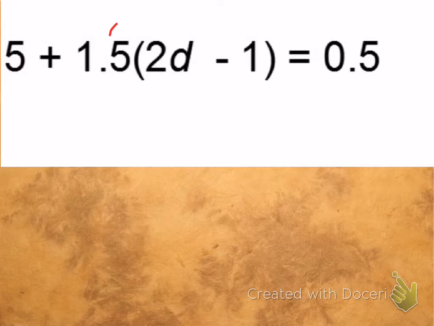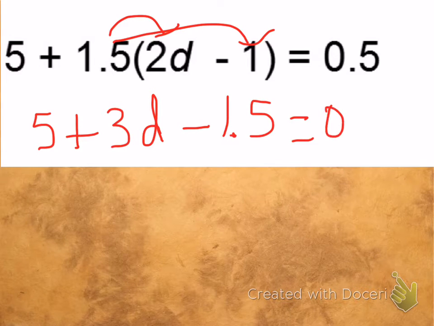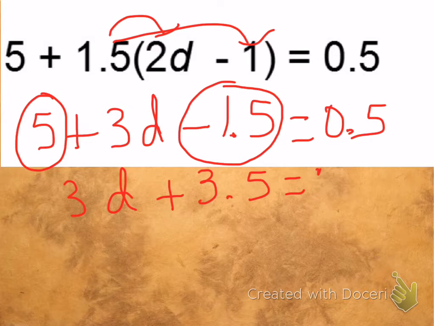Okay, here's another one where we need to distribute and then combine like terms again. So 5 plus 1.5 times 2d is 3d minus 1.5 equals 0.5. I can combine my whole numbers. So whole number 5 minus 1.5. Okay, so I have 3d plus 3.5 equals 0.5.